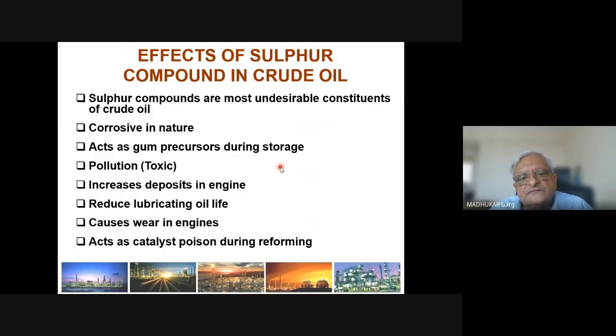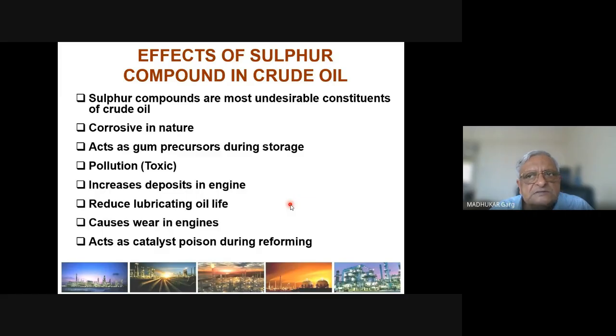What is the effect of sulfur compounds in crude oil? We have discussed it in quite a bit of detail. They are corrosive in nature. They can lead to gum formation during storage. They do create pollution, as you know. In the good old days in the mid 90s, even in the year 2000, the specification was 2000 ppm sulfur.